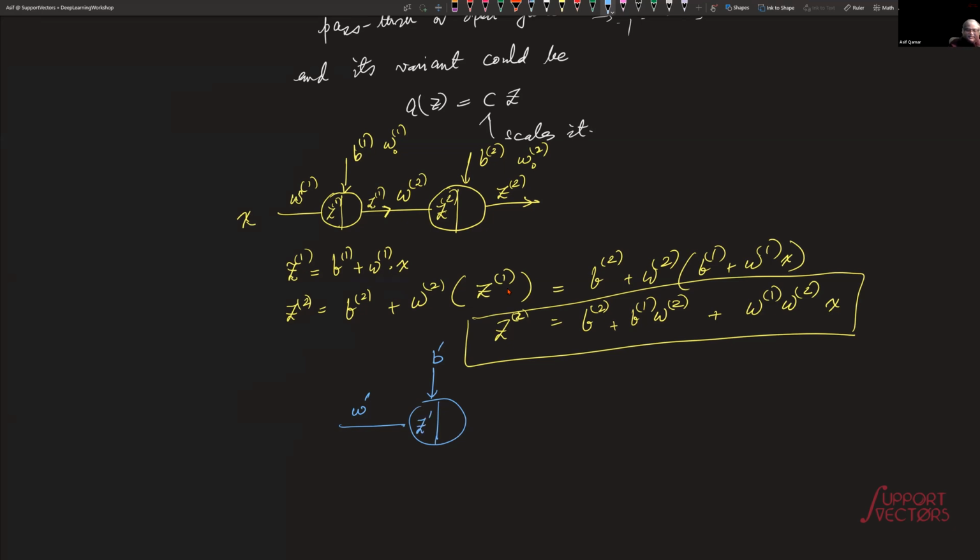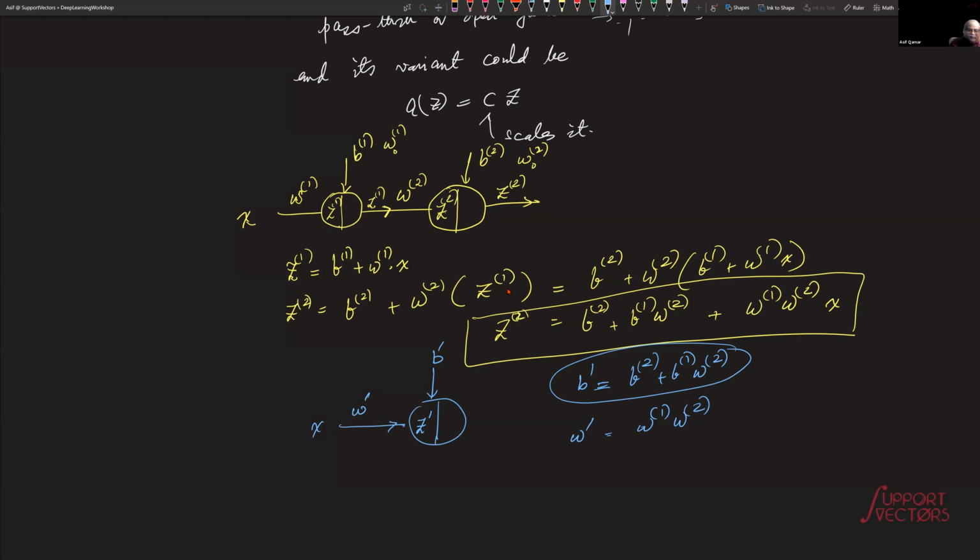Suppose you had a neuron whose B prime is equal to B2 plus B1 W2. It just so happens that you set it to be this, and your weight W prime for the input is equal to just W1 W2.